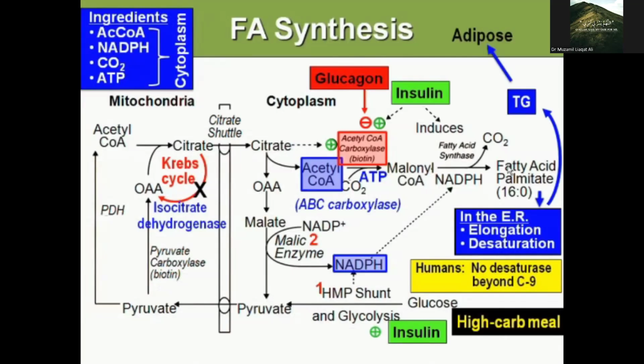That high NADH to NAD plus ratio, first, inhibits the TCA cycle because isocitrate dehydrogenase is NAD plus dependent. Secondly, that shunts the acetyl CoA towards fatty acid synthesis.